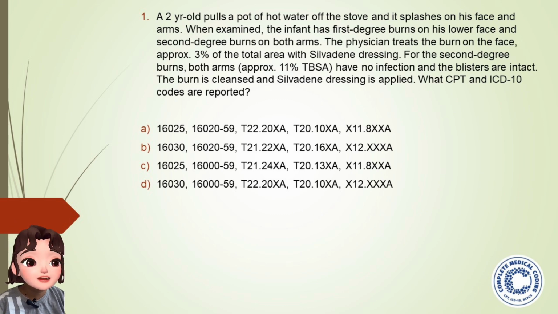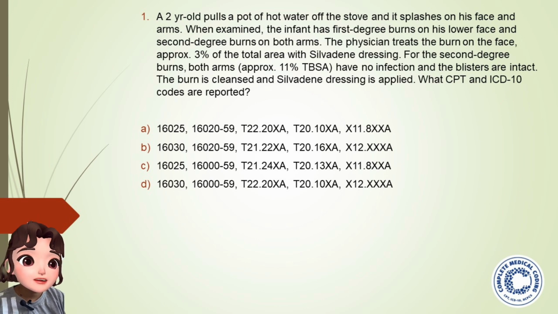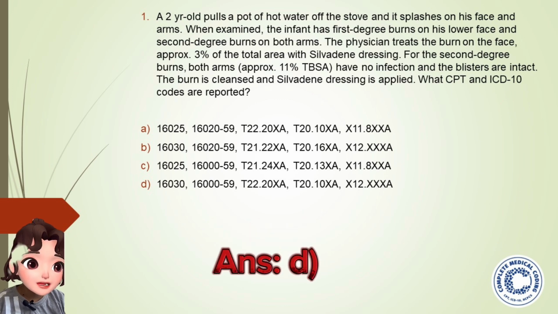Which is more severe? Second degree. So you code the second degree, and then the first degree. Since it's a different site, you append modifier 59. We will not append modifier 59 to the first code; we will append it to the secondary code. So in this question, our answer will be option D as discussed.